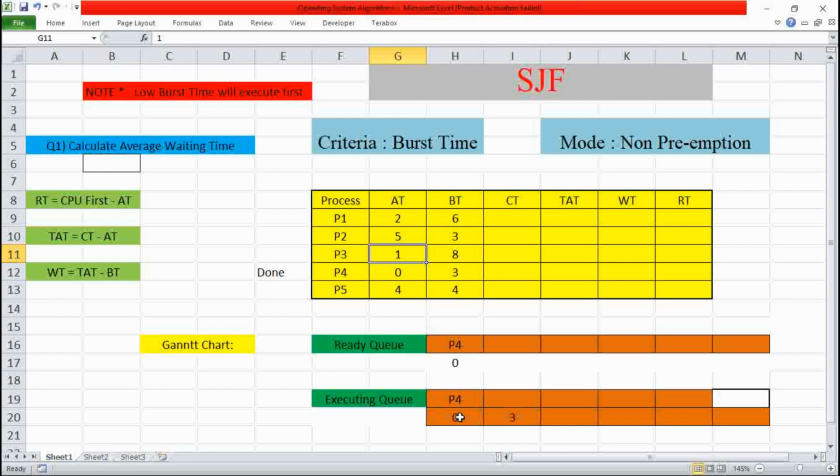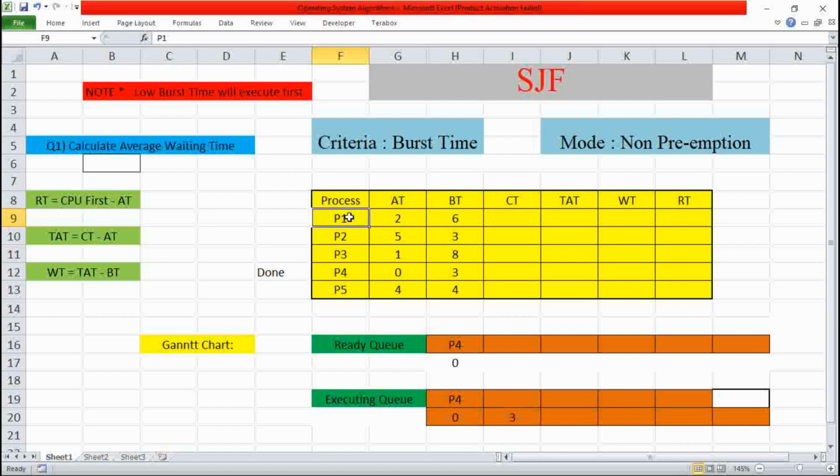So within this period of 0 to 3, we can see here P1 and P3 have arrived. But in SJF, you need to look through burst time to decide which process will come first. Now which process will be executed first? You need to check the burst time. So this is what happens in SJF.